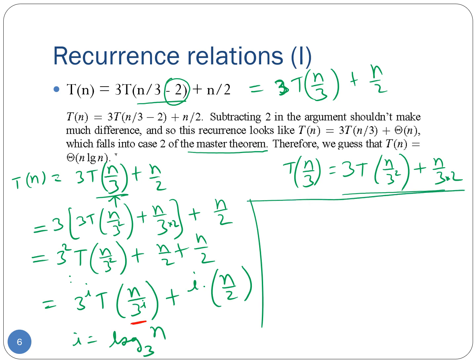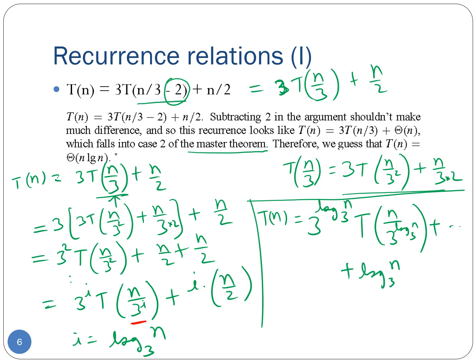So basically we get T of n is equal to 3 to the power log to base 3 of n times T of n upon 3 to the power log to base 3 of n. This term will reduce to 1, and we have plus log to base 3 of n times n by 2.